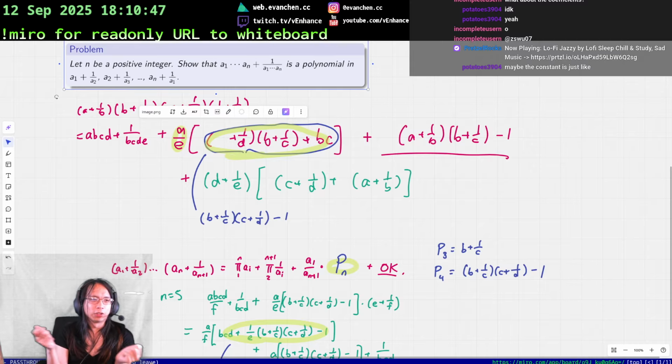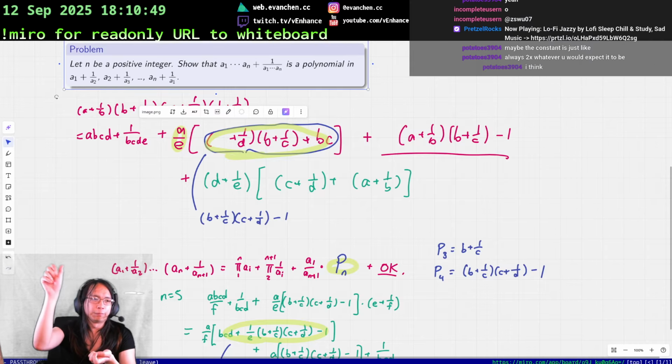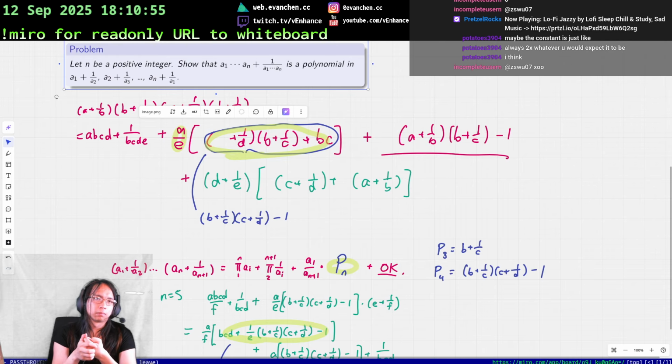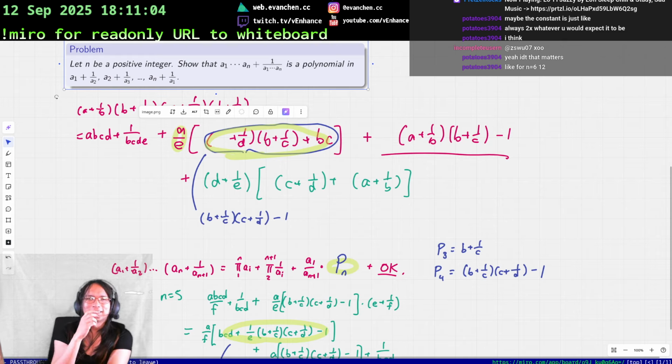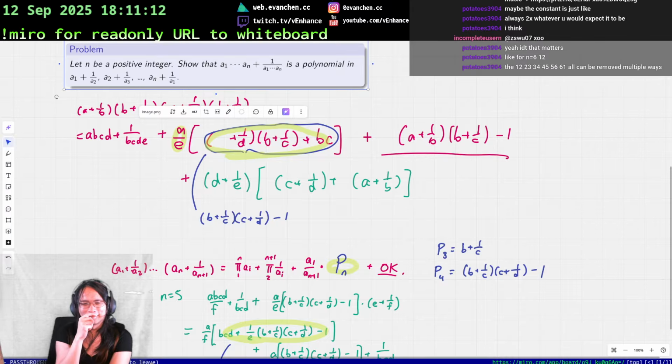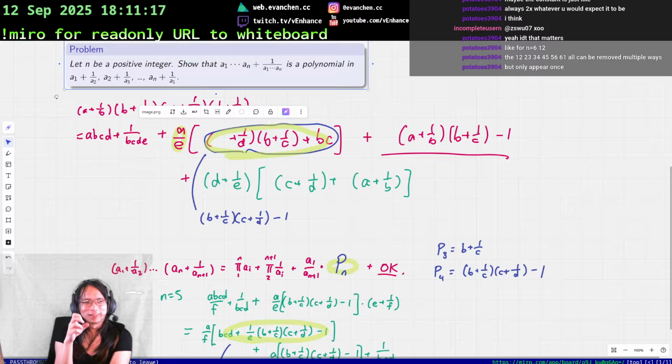Right, but okay, when you have a larger thing, there might be multiple ways to remove adjacent pairs. I don't know. Only appear once.